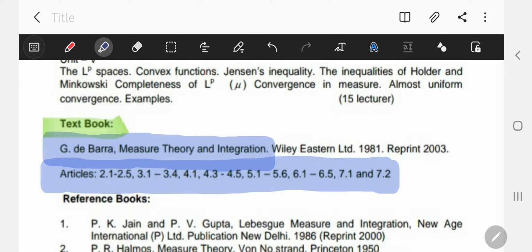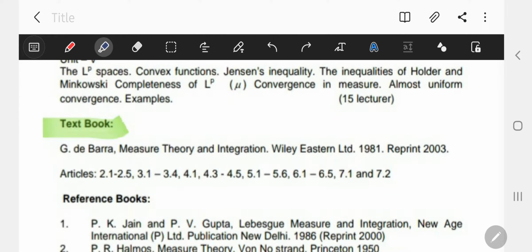Few articles are there, not all articles. In chapter second, that is Measure on the Real Line, there are articles from 2.1 to 2.5.